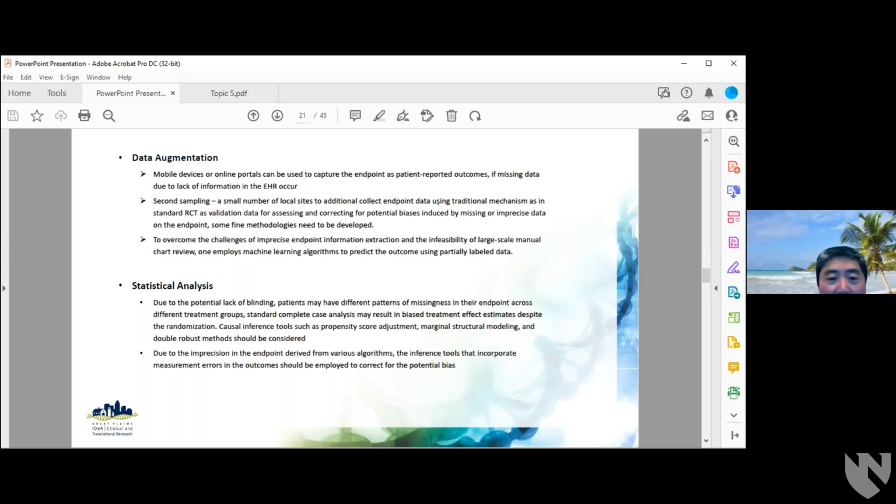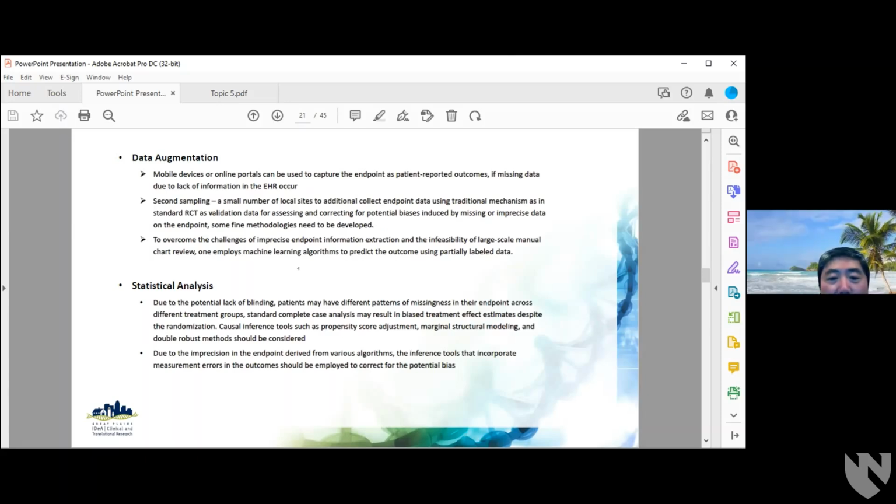This methodology is now applied by the WHO broadly to estimate HIV mortality and engagement. For that approach, a lot of fine methods need to be implemented.